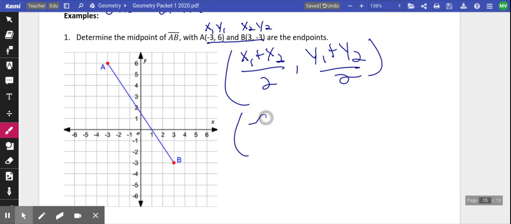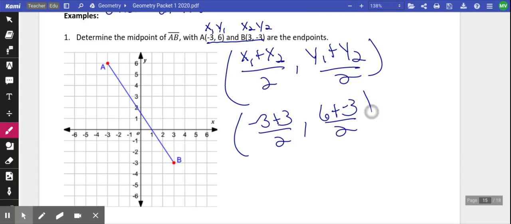So it's negative 3 plus 3 over 2, comma, 6 plus negative 3 over 2. So negative 3 plus 3 is 0. And 6 plus negative 3 is 3. So it's 3 halves. So our midpoint is 0, 1.5. And that would be this point right here, which if you look, looks like it's exactly in the middle.